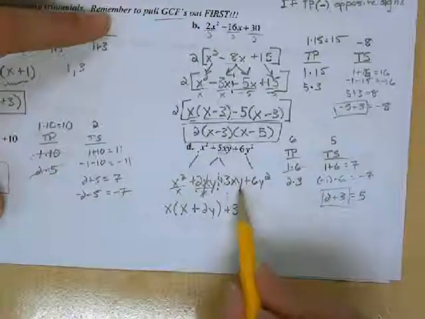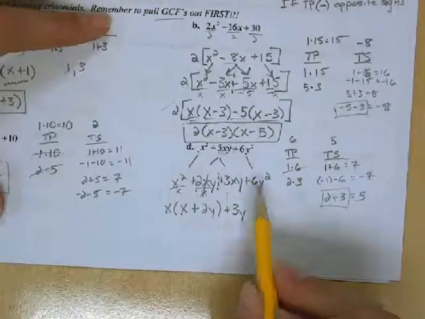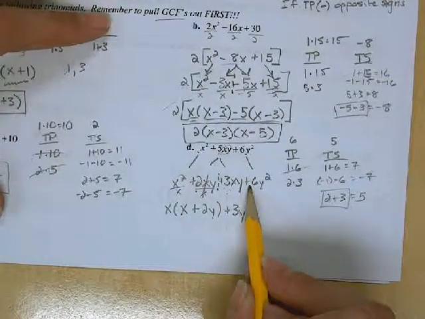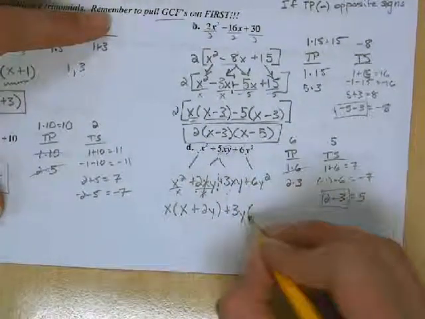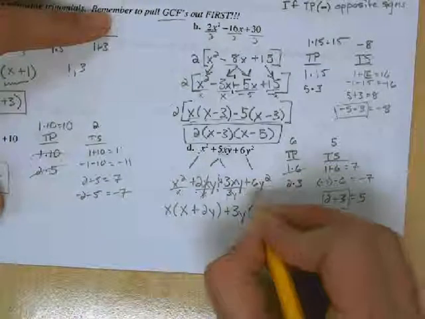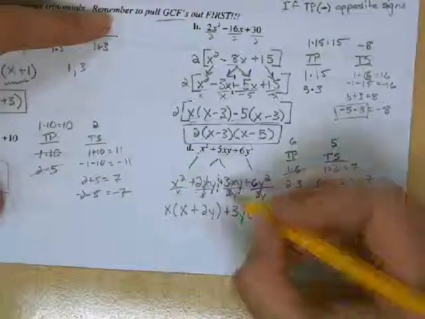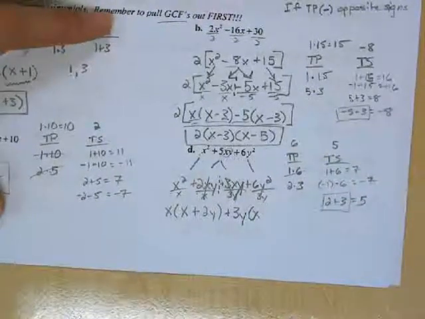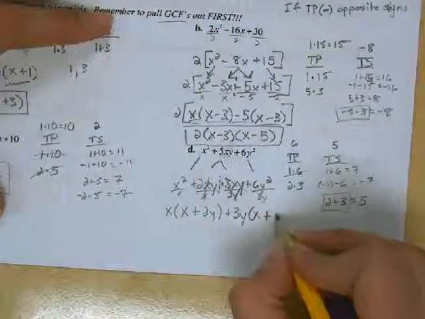I've got a y in both terms. Can't take out an x. I've only got one of those, so I've got a y in both terms, and I've got a 3 in both terms. 3y out front. When I divide this thing by 3y, 3's cancel, y's cancel. I'm left with x plus 2y.